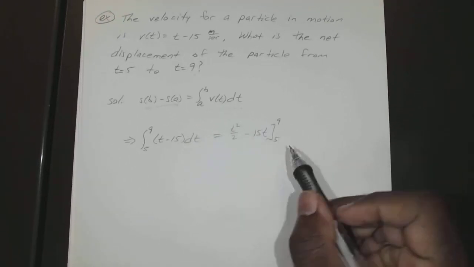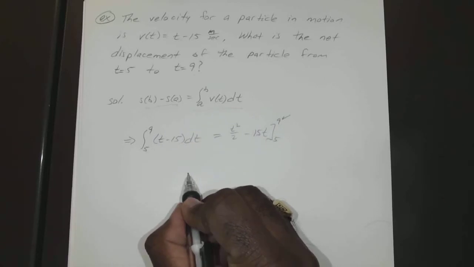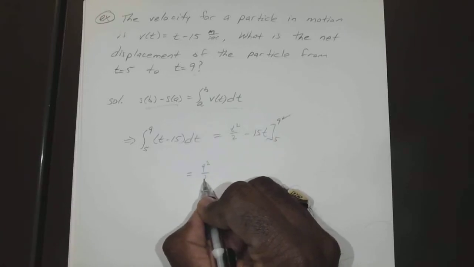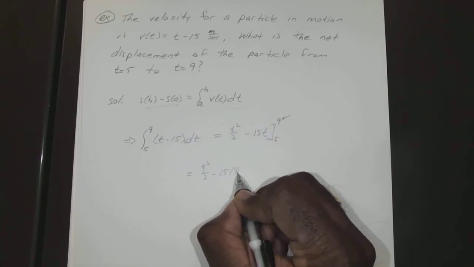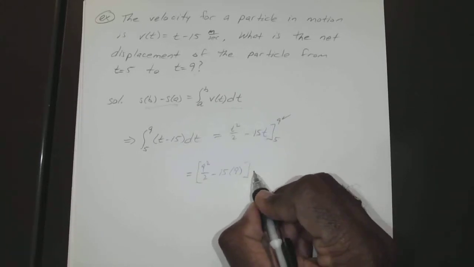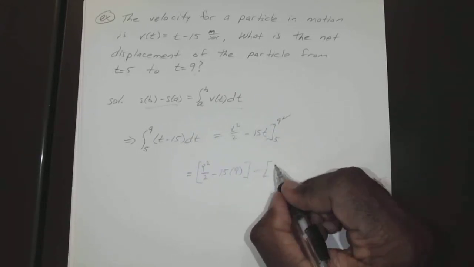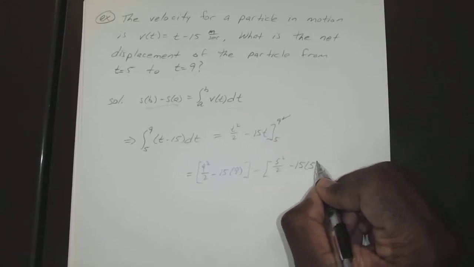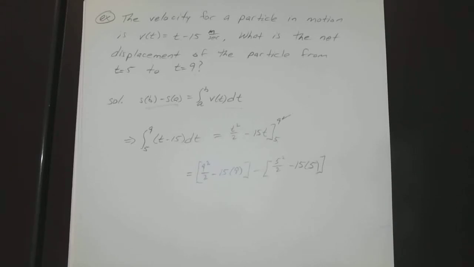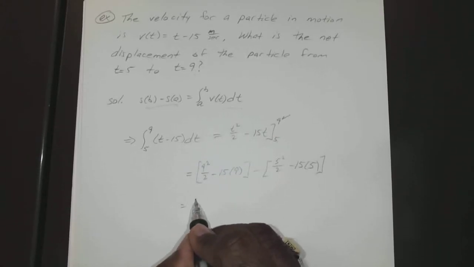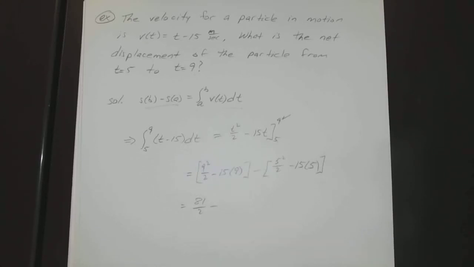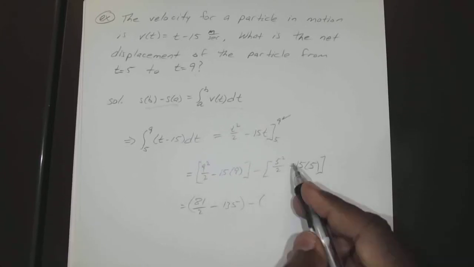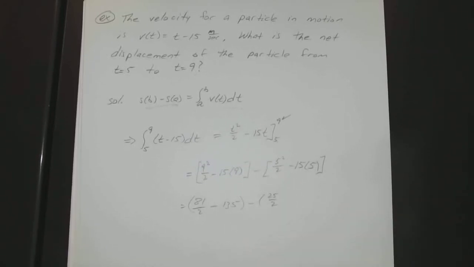Okay, so if we plug in our 9, we have 9 squared over 2 minus 15 times 9, minus, now we plug in our 5, 5 squared over 2 minus 15 times 5. Okay, which gives us 81 over 2 minus 135, minus 25 over 2 minus 75.